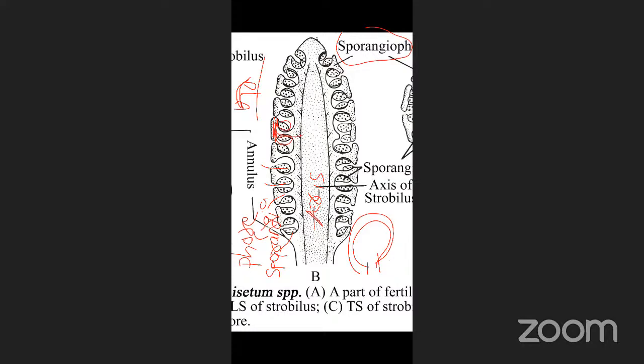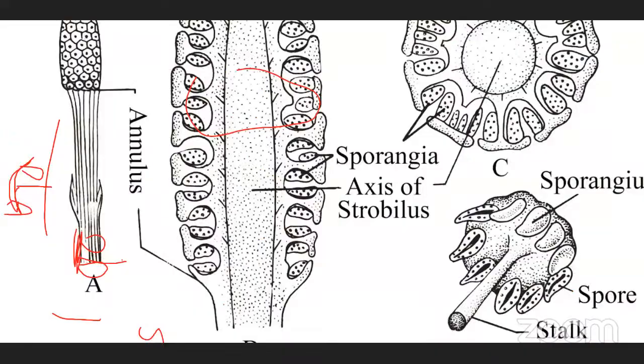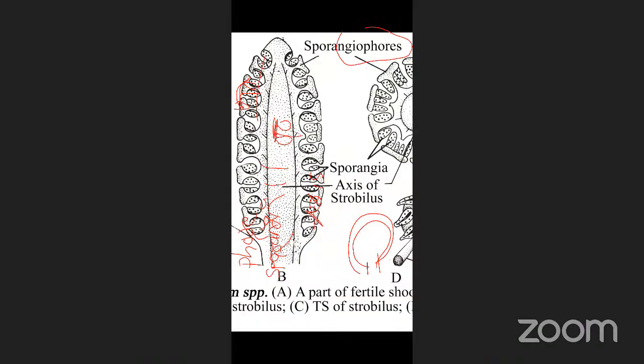It develops from the archesporial cell, the sporogenous tissue. The spore mother cell undergoes meiotic division, and as a result, spores are developed.